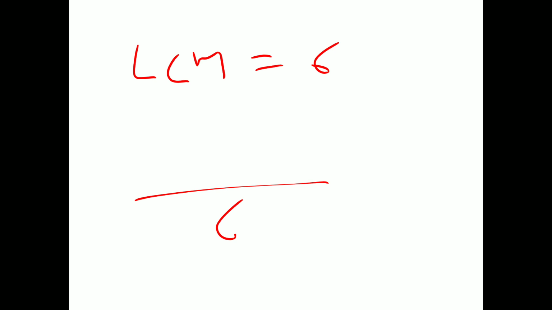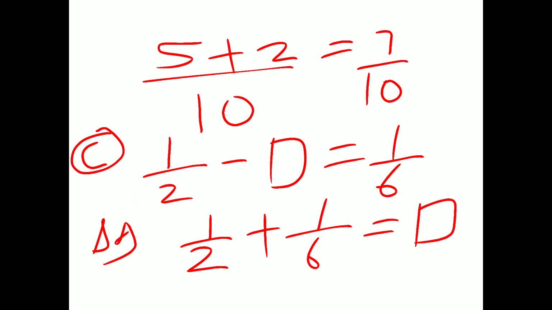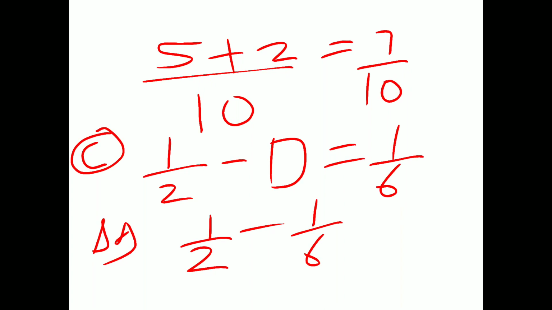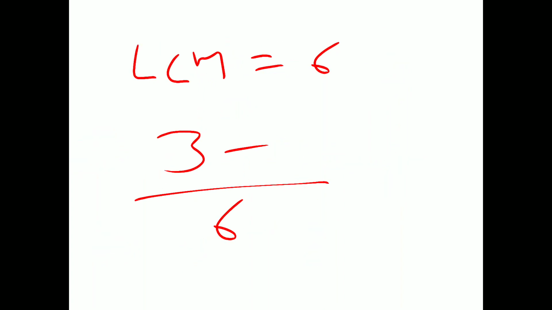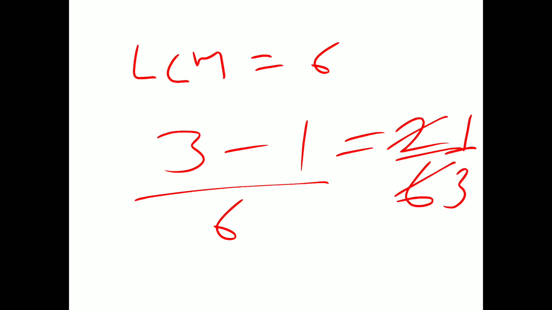Now its LCM will be 6 only. 2 table 6 comes at 3, so it will be 3, plus 6 table 6 comes at 1, it will be... we will minus here because there is a plus and when it goes it will be minus 6. Clear? So we will minus it, 3 minus 1. Answer will be 2 by 6, and cut them. Answer will be 1 by 3.